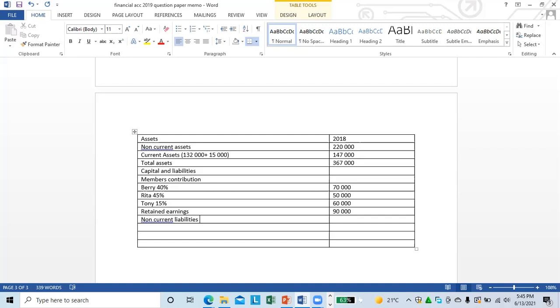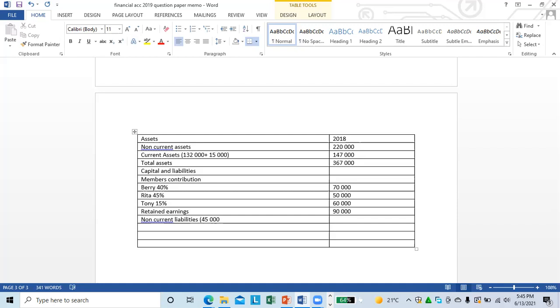Yes. Okay, so obviously loan is part of our non-current liabilities. Therefore, our non-current liabilities are affected. So our non-current liabilities were how much? 45,000.